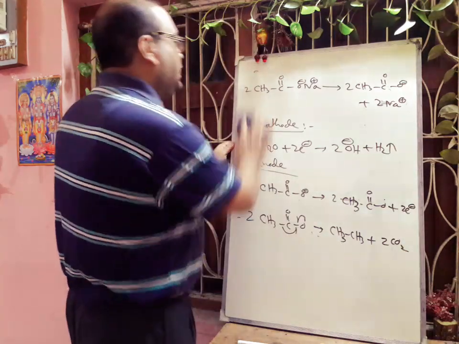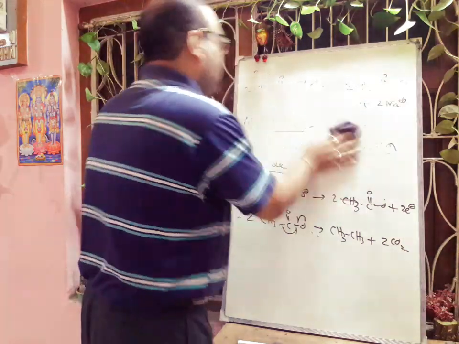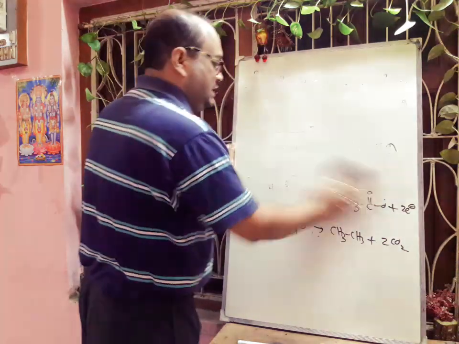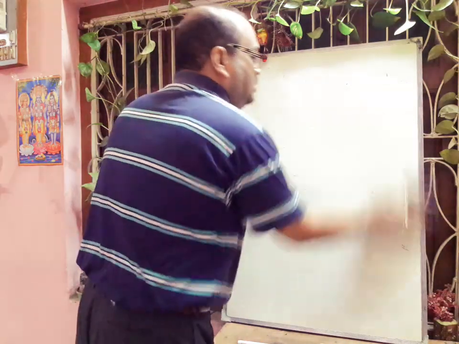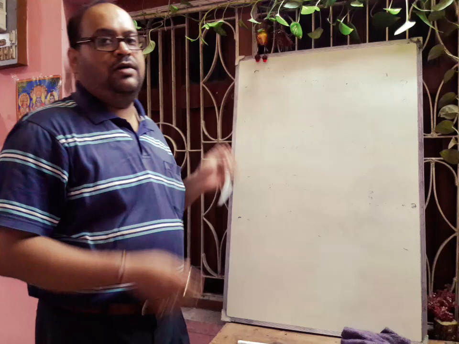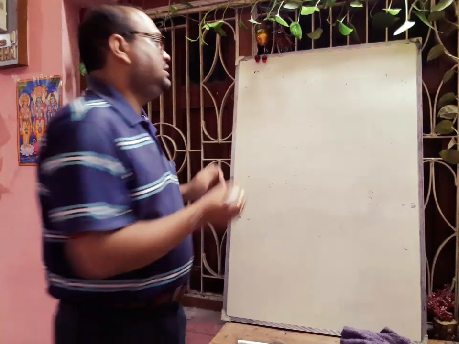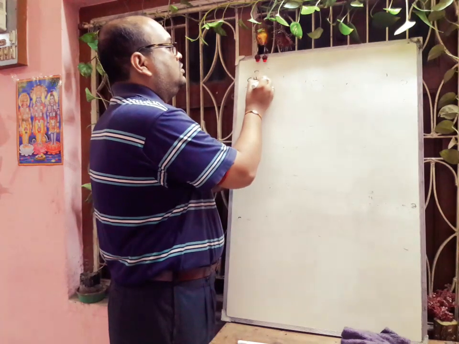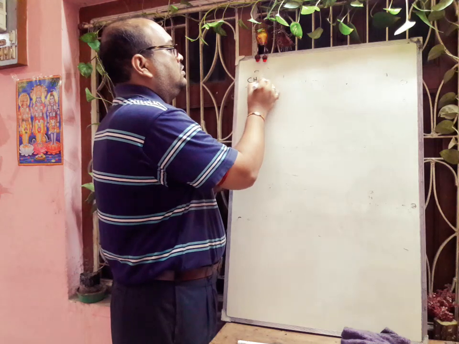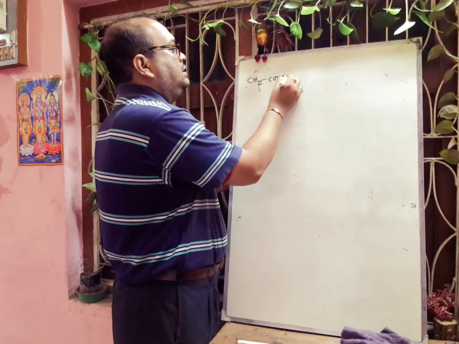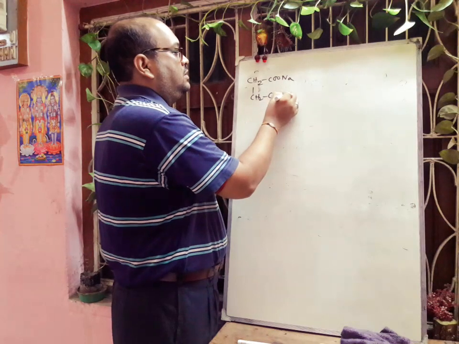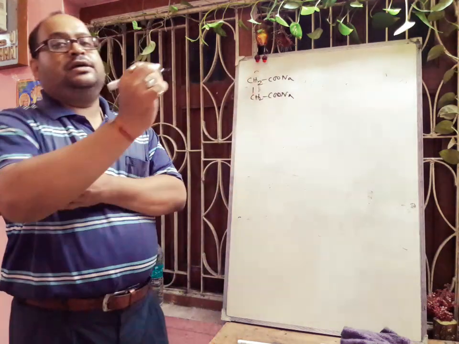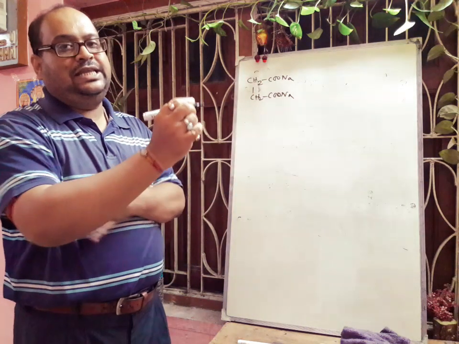Next, if we take a dicarboxylic acid, the carboxylic acid groups are in the same molecule. If we think about the example of sodium succinate, CH2COONa, CH2COONa, this one is the sodium salt of succinic acid.